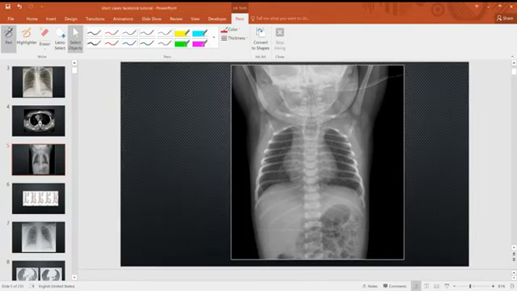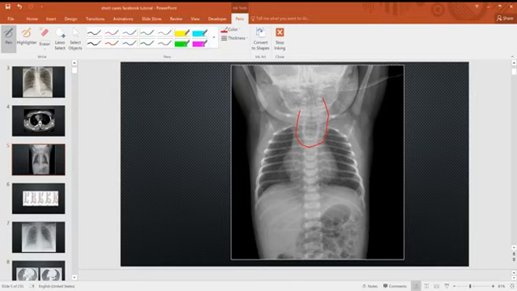As we see here, we have the coiled NG tube in the upper esophagus here, and the upper esophagus with some dilatation. And as you see here, this indicates that it is esophageal atresia.